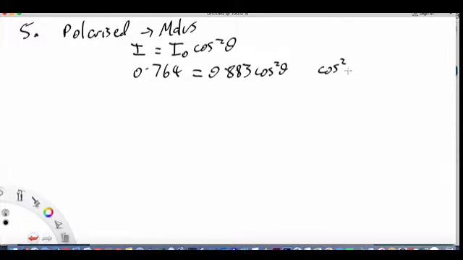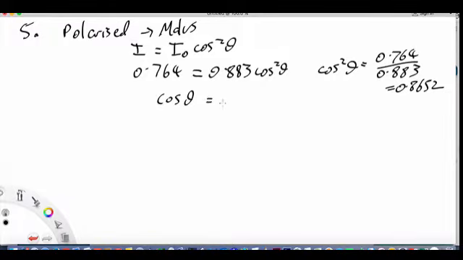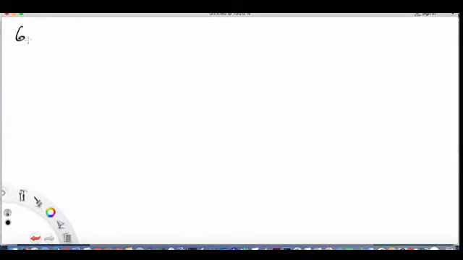So cos squared theta is 0.764 over 0.883, which is 0.8652. So cos theta is the square root of that, 0.930, and that gives us theta equals 21.5 degrees.